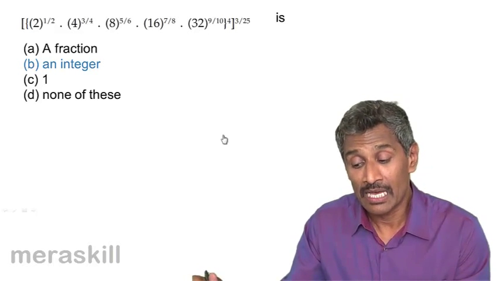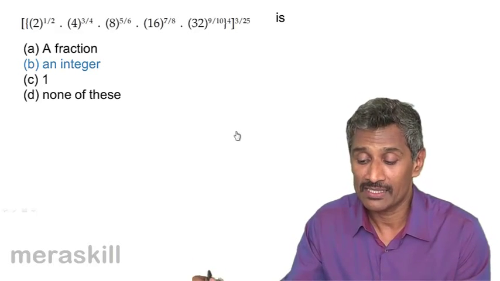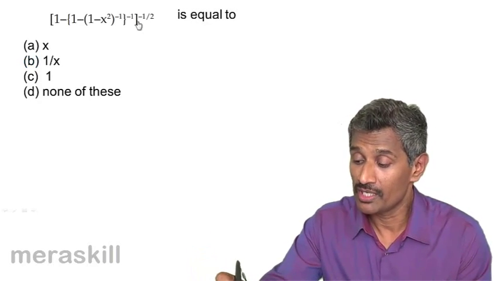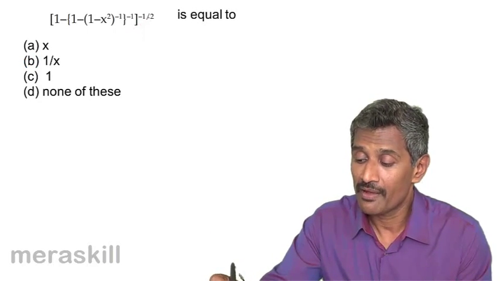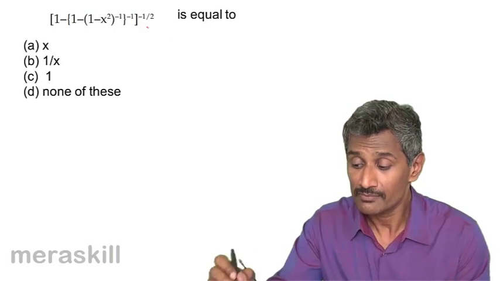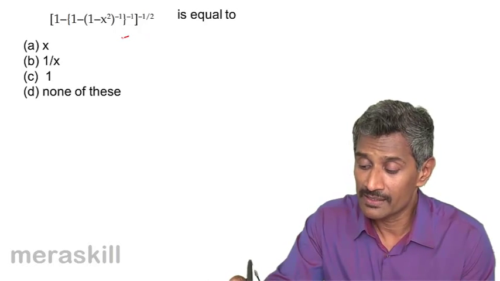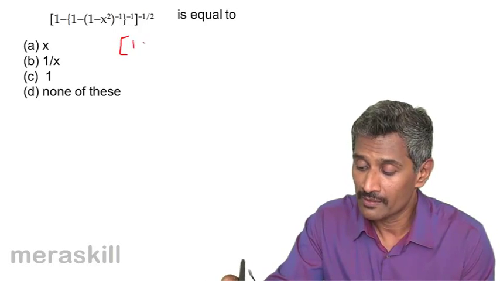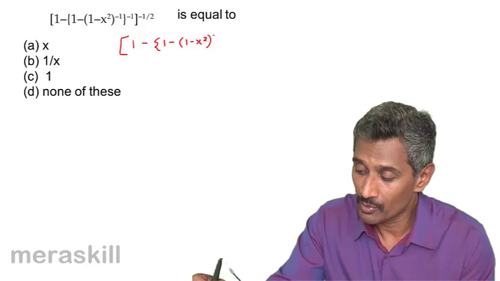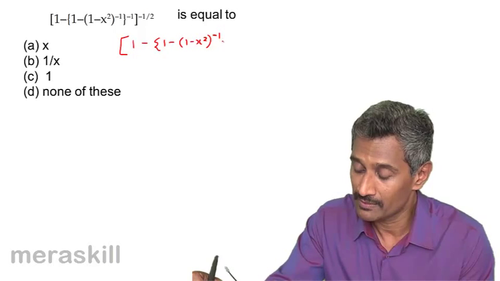Now, let's check the next situation here. So here we have minus half, minus 1, and all that. So ultimately, this is going to be 1 minus 1 minus 1 minus x square, the whole raised to minus 1.